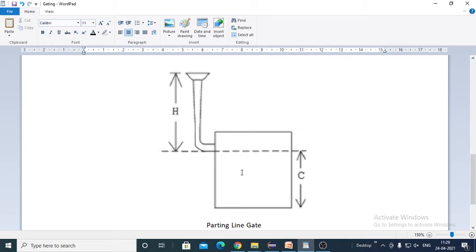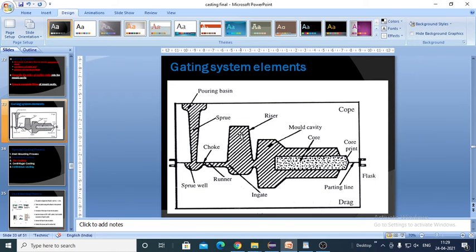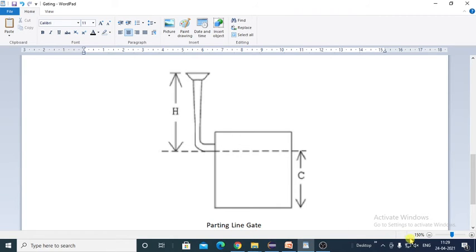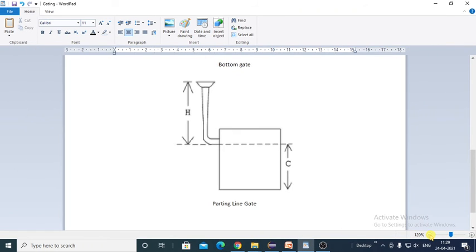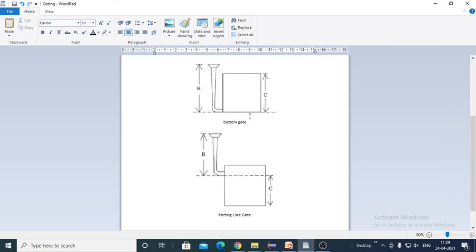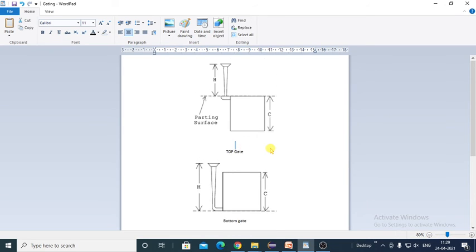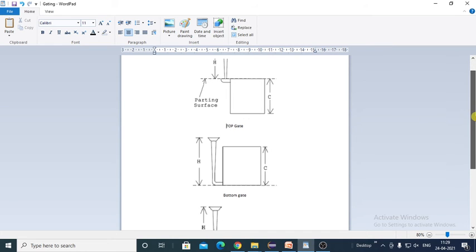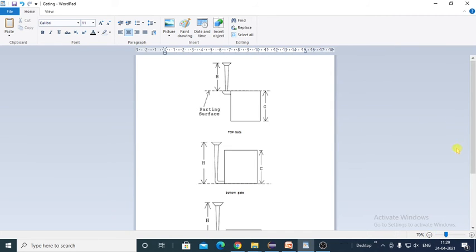And one more which is remaining is the riser. But before that, let us see these three. Here you can see, I'll also zoom out.